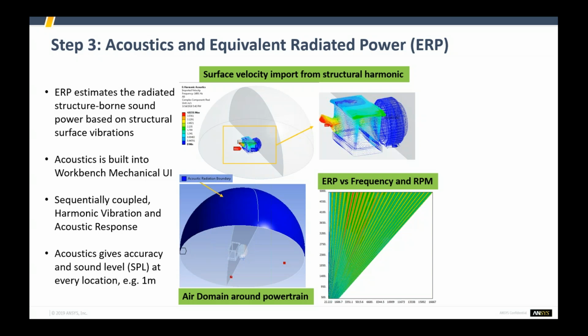ERP, equivalent radiated power, is a structural approximation for the radiated noise based only on the surface velocity. So no acoustic simulation is required for this single approximated quantity. The full acoustic simulation gives accurate results for pressure and SPL, as well as far field results.